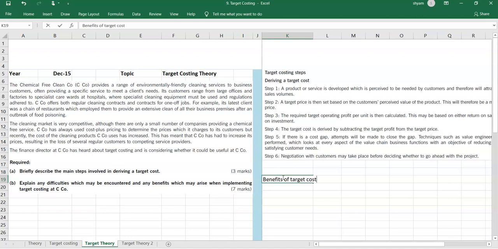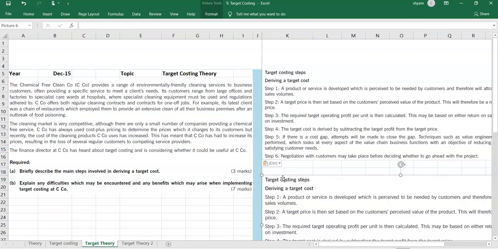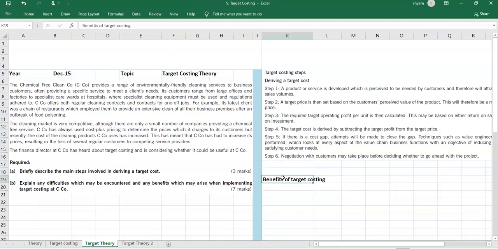Our answer should not be generic, mugging up advantages of target costing and writing them. The concept here is applying the benefits of target costing to this company. We should also find the difficulties. So it's going to be the benefits of target costing for SECO, and here also the difficulties of target costing for SECO.